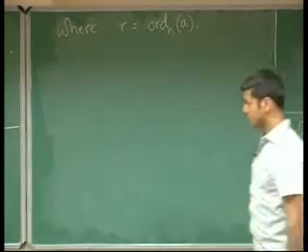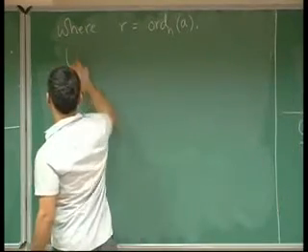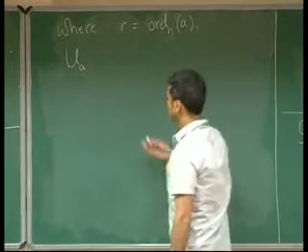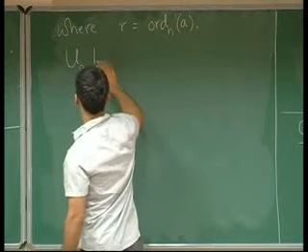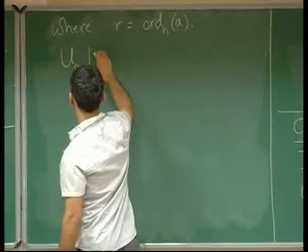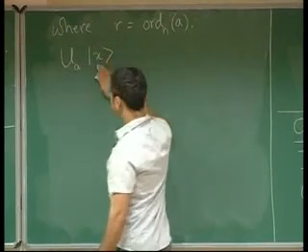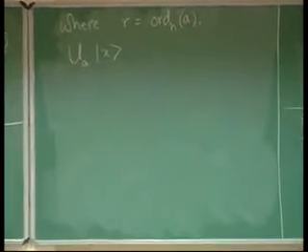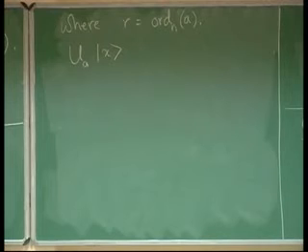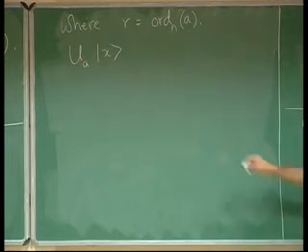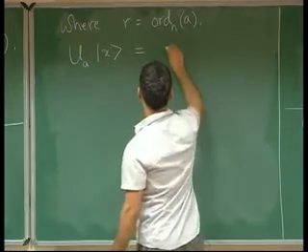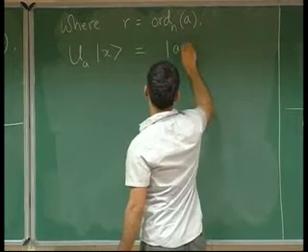And how is this unitary defined? It's actually given by a classical definition, meaning whenever you are in state X, where X is a representation of a number between 1 and n, then this unitary multiplies X with A. So the result is A times X modulo n.